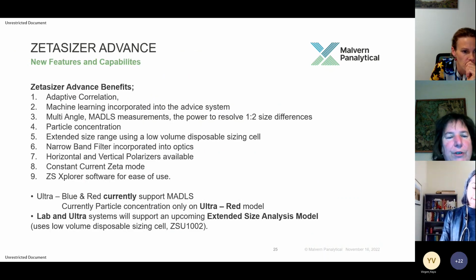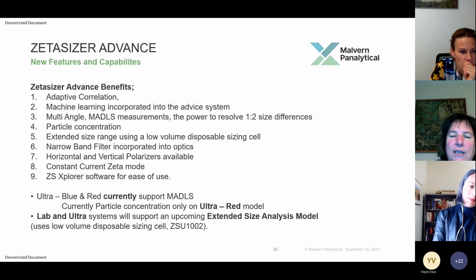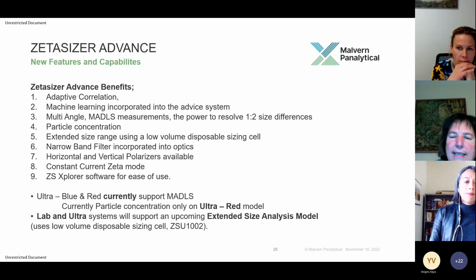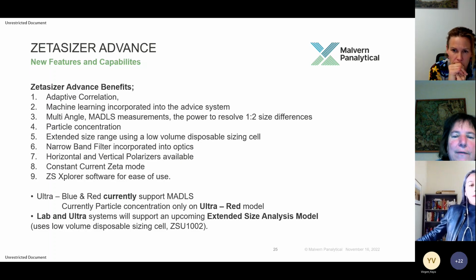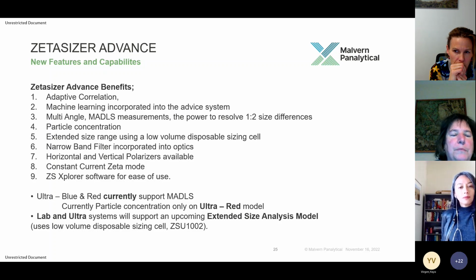So the new features for these instruments is that we're correlating the data differently. The correlation function is being done differently. It's called adaptive correlation, and I'll explain how that's done. There's actually machine learning incorporated into the advice system to give you better information about how to improve the sample and the measurement.